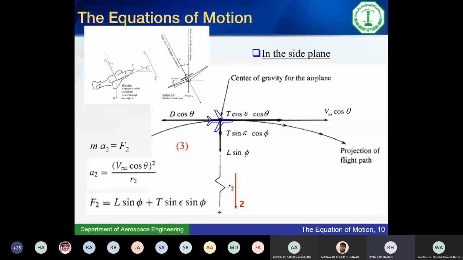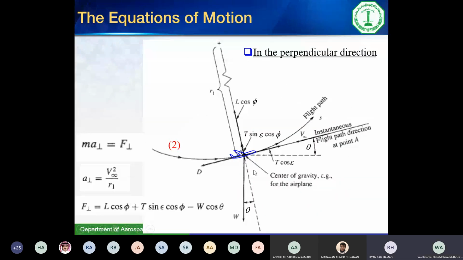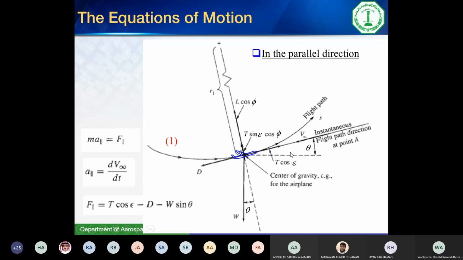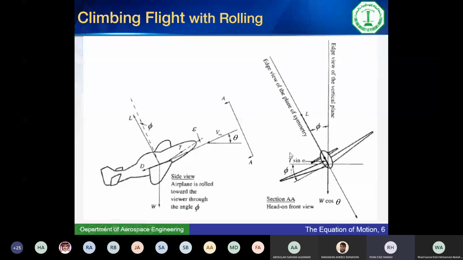So the angle of epsilon should not be 0? No, in general, what I'm saying is in general. The angle of climb is the theta that we have in here, but the angle of epsilon is the angle between the thrust and the flight direction.